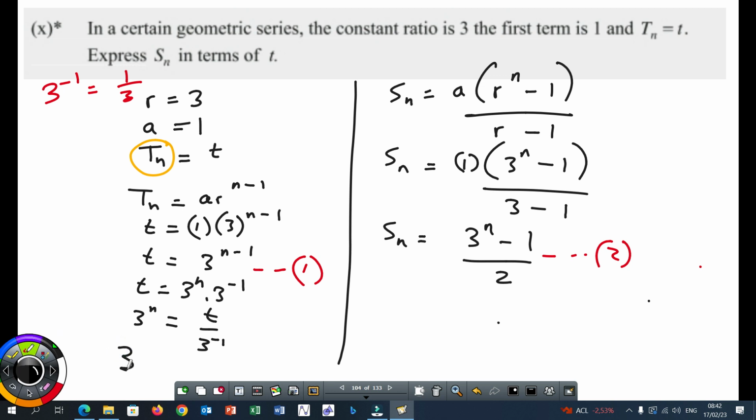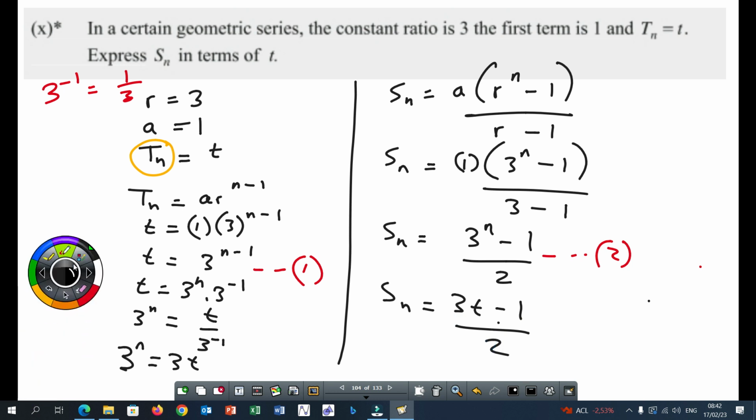So this will be 3 to the power of n equal to 3t. Okay? Then from there you just substitute there. So this means Sn is equal to 3t minus 1 all over 2. So you're supposed to get that as your answer.